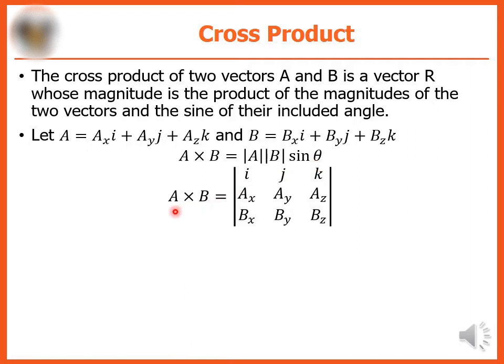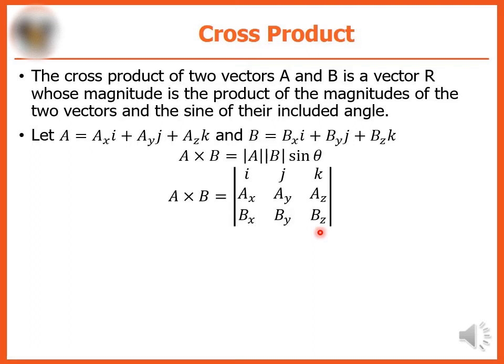Or, the cross product of A and B is given by a matrix with the elements i, j, k in the first row, then A sub x, A sub y, A sub z, and then B sub x, B sub y, and B sub z.